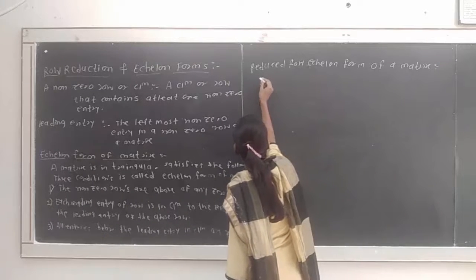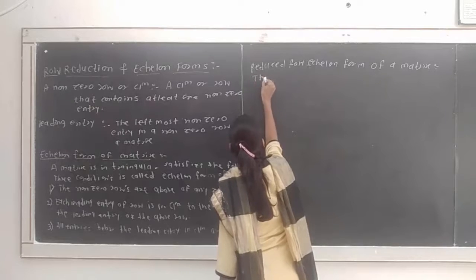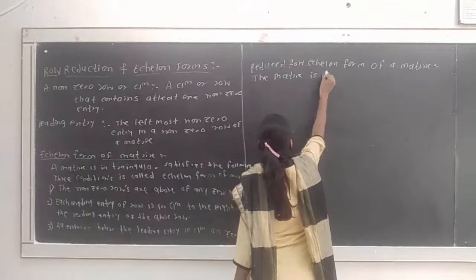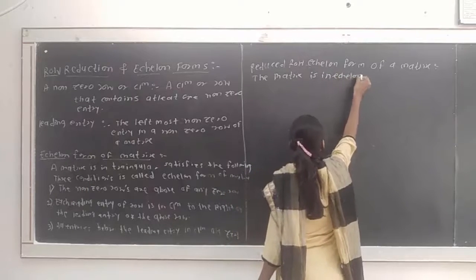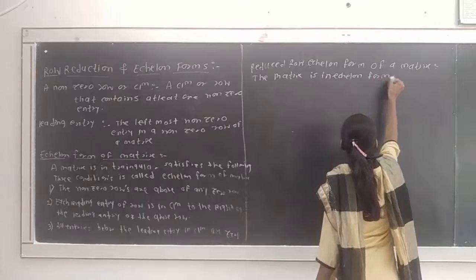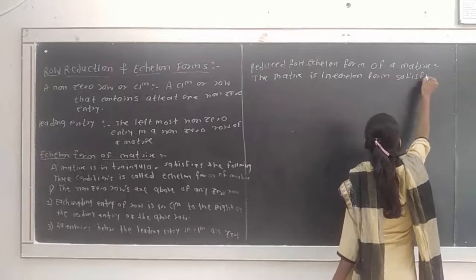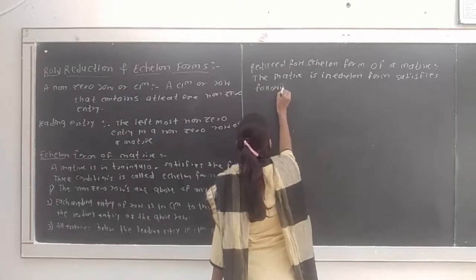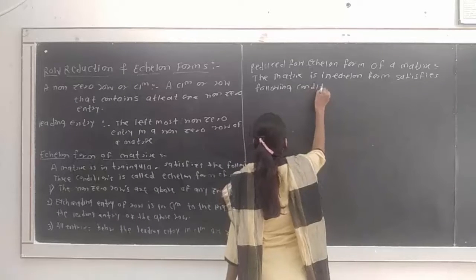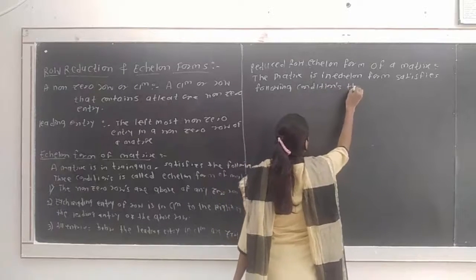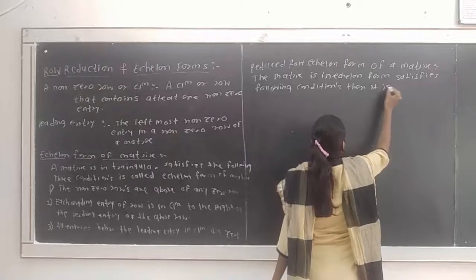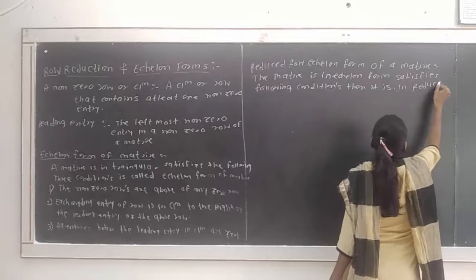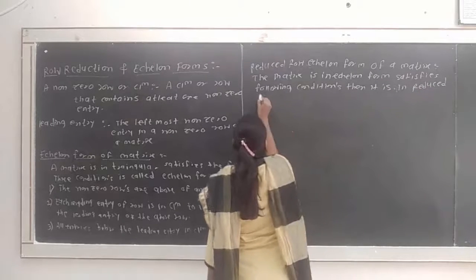So we write here the definition: if a matrix is in echelon form and satisfies the following conditions, then it is in reduced row echelon form.